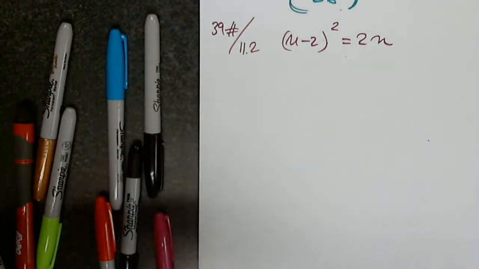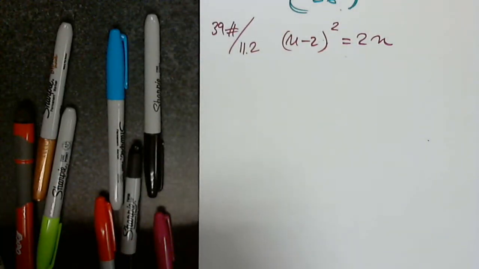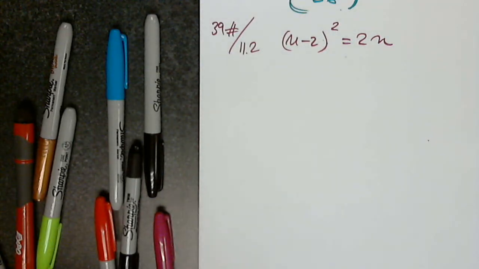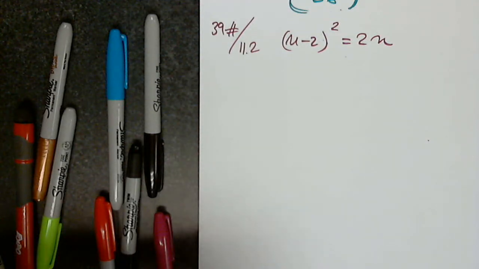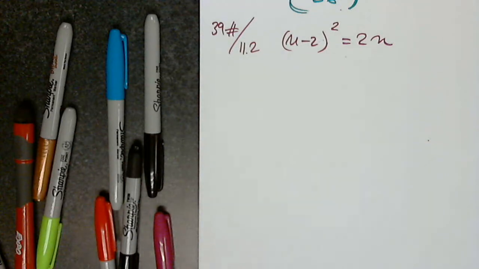So how do I square n minus 2? Let's try again. How many terms will I have to write? When we square a binomial, how many terms do we get? 3 terms. And the 3 terms are? N squared minus 4n plus 4.